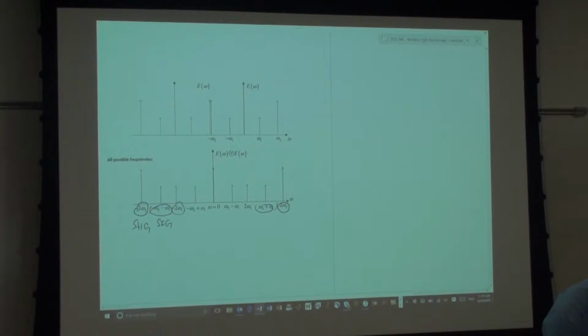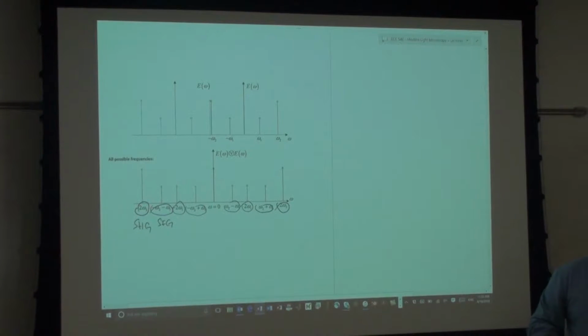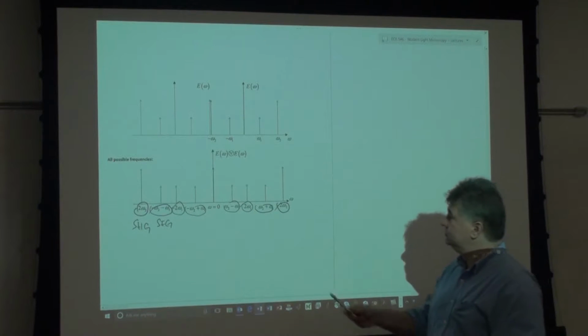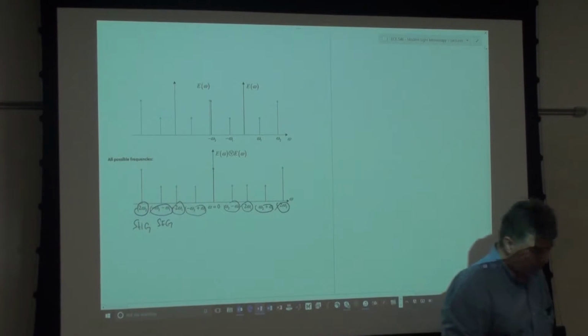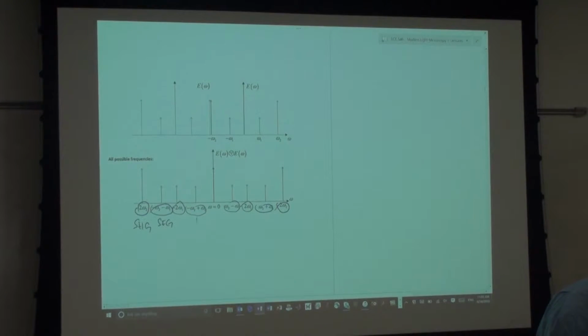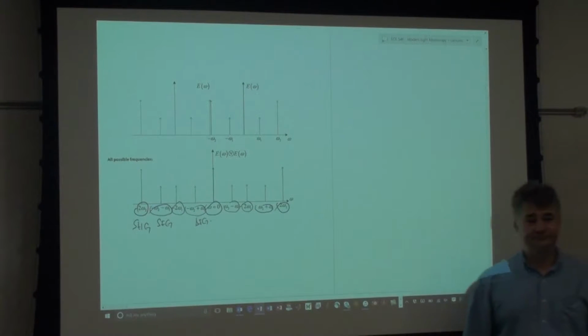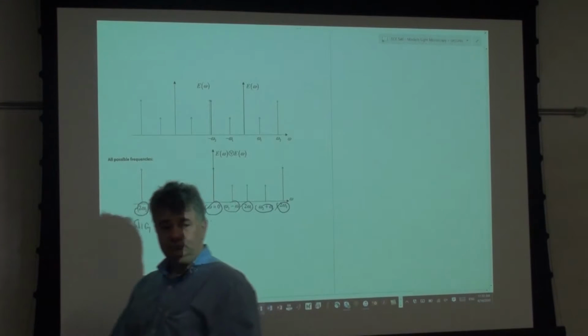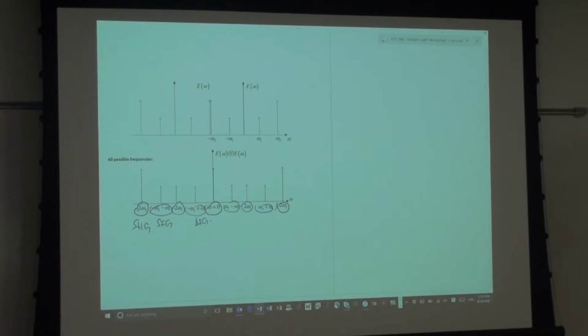Second harmonic generation of omega 1. And then this is the difference frequency generation. And I get my DC. What's the deal with that DC?